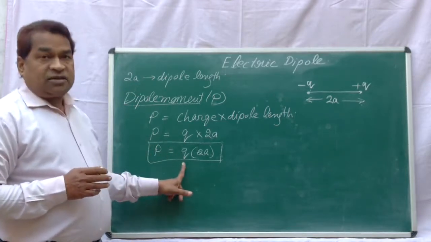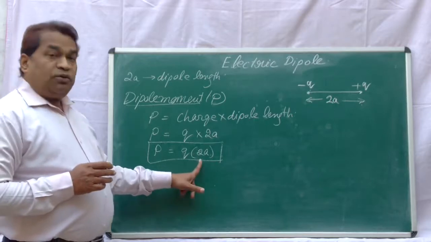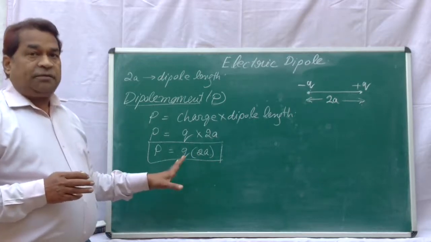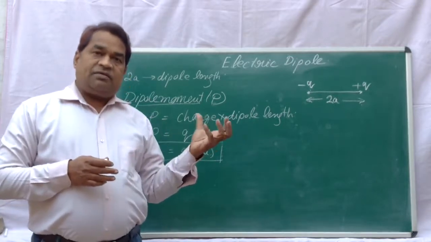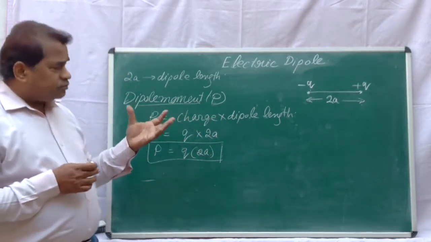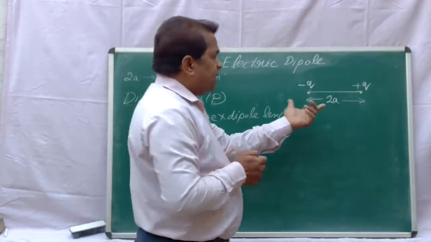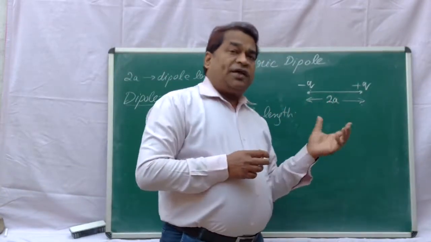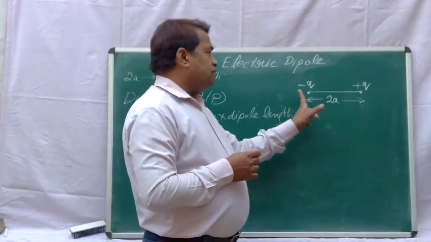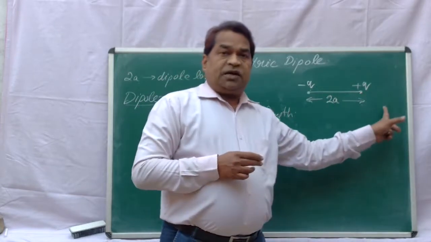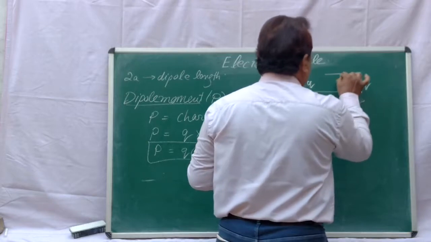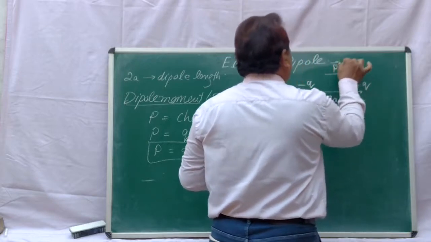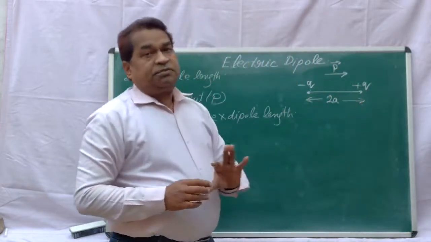In an electric dipole, the direction of the dipole moment is always from the negative to the positive charge.